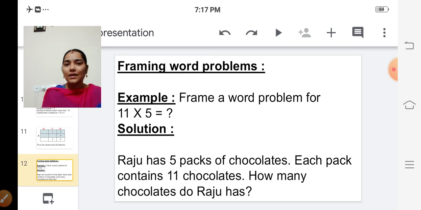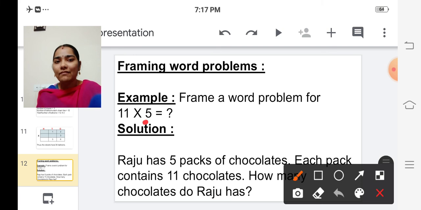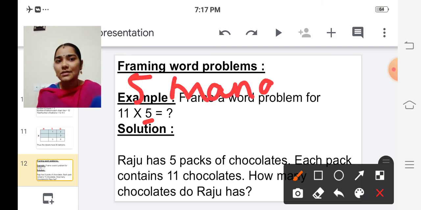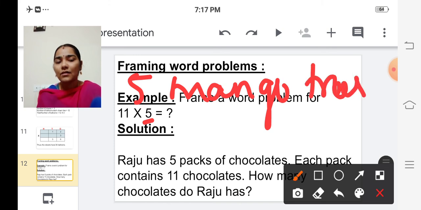So see, there are 5 mango trees. Each mango tree has 11 mangoes. So how many mangoes are there in all? Yes, so shall we make it like that? There are 5 mango trees, and each mango tree has 11 mangoes.